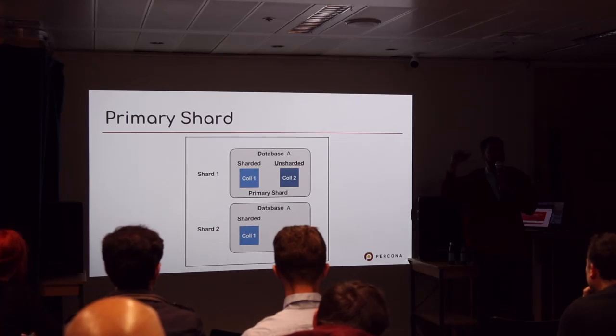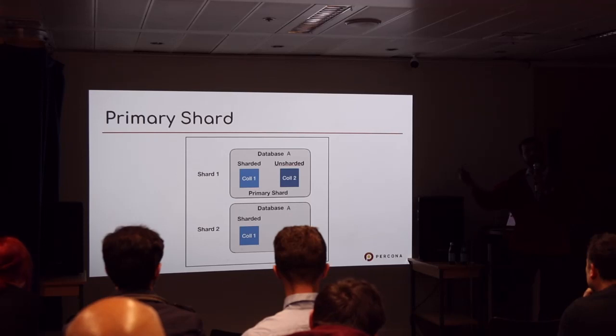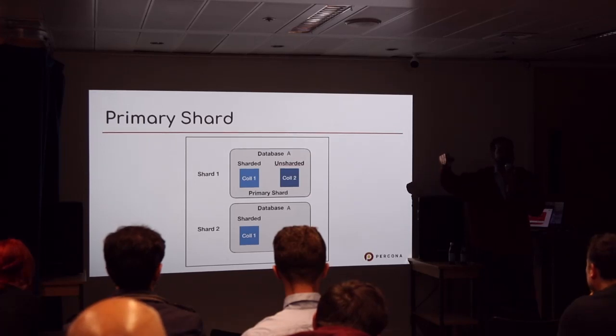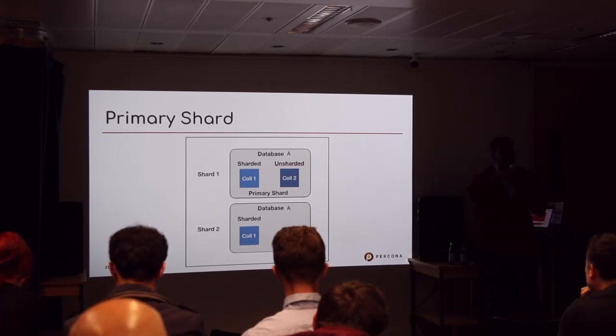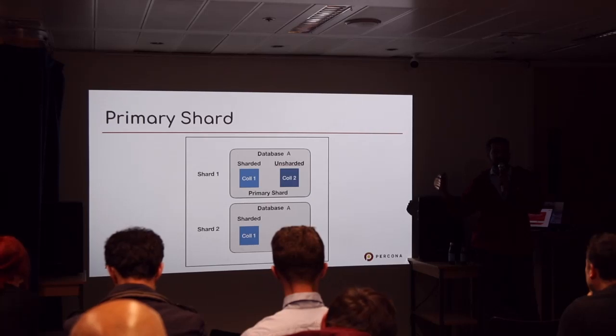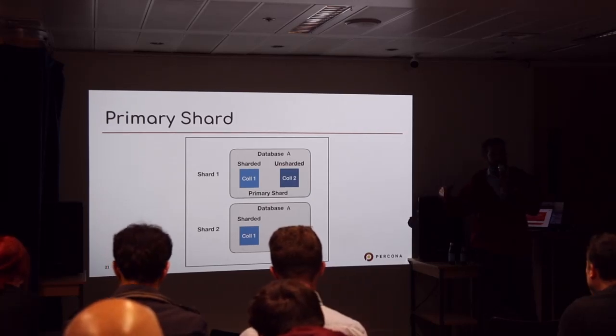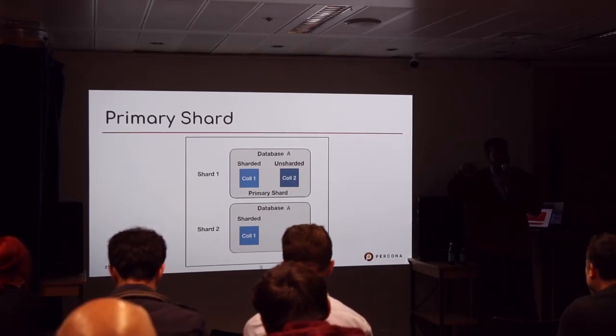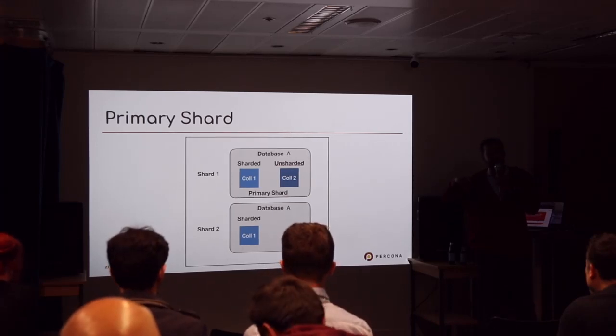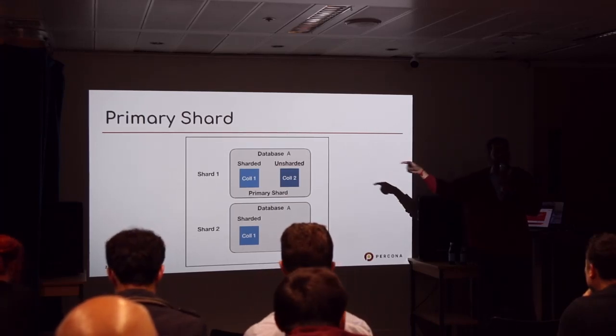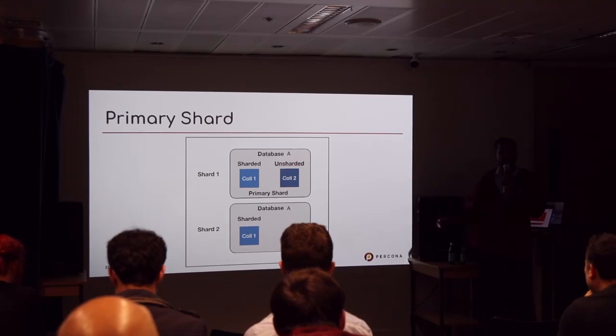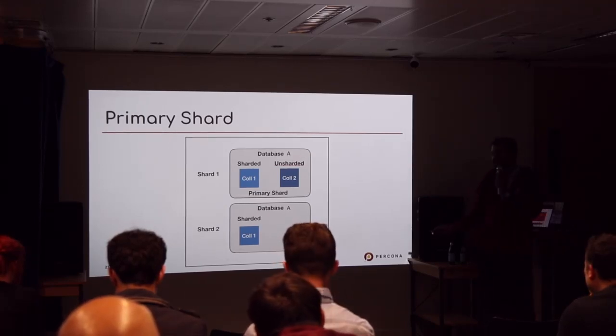Whatever writes are going, they go into that shard first, and then get split and go to the other shards. It's not that you write to shard 4, shard 3, shard 2 directly. For that database, shard 1 is the primary shard. First the writes go to shard 1, and then from shard 1 they get distributed to the other shards. We call that process balancing.